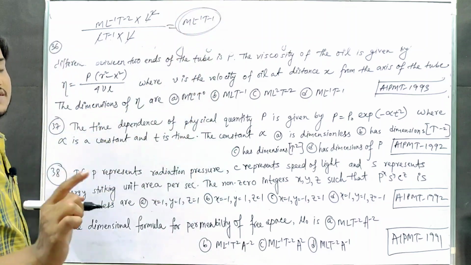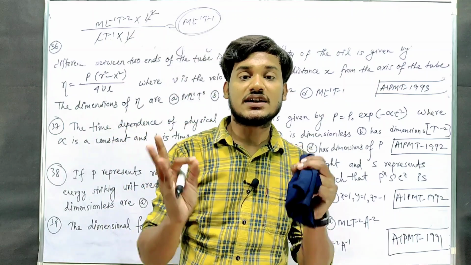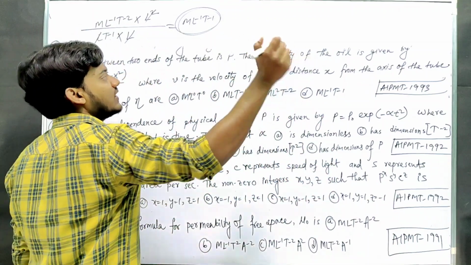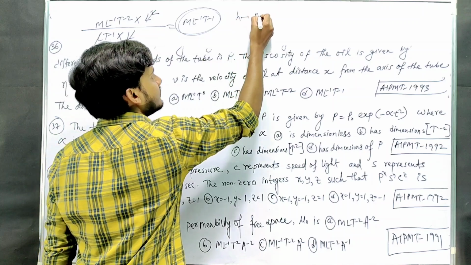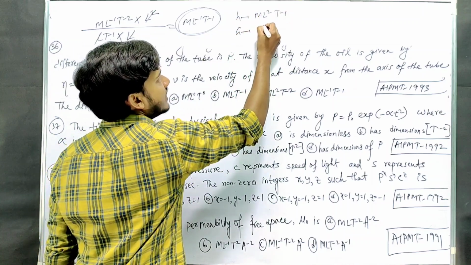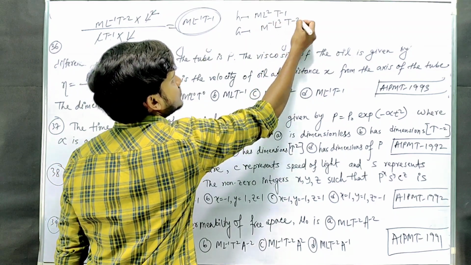There are a few dimensions you have to memorize by heart. Two or three dimensions mainly. One is Planck's constant, M L square T inverse. Gravitational constant, M inverse L cube T inverse 2.